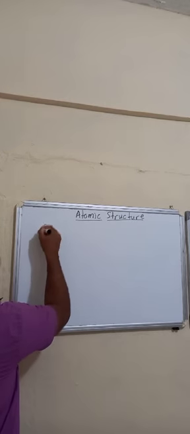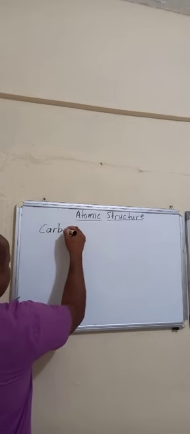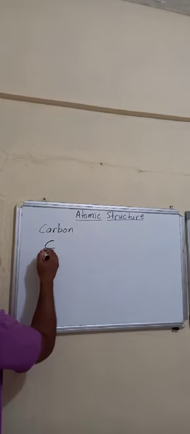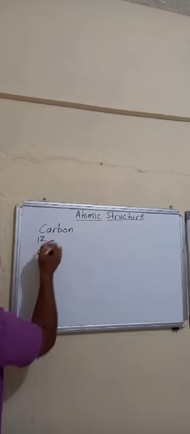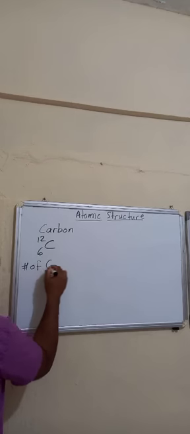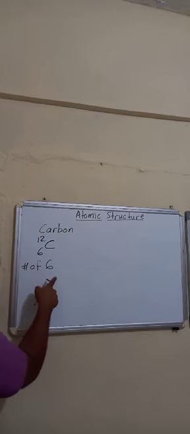Okay, so let's try carbon. The symbol is C, atomic number 6, mass number 12. The number of protons is the same as the atomic number, which is 6.